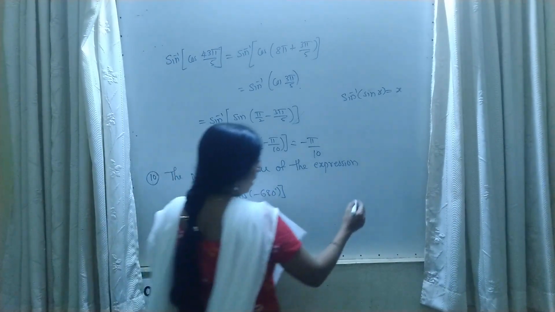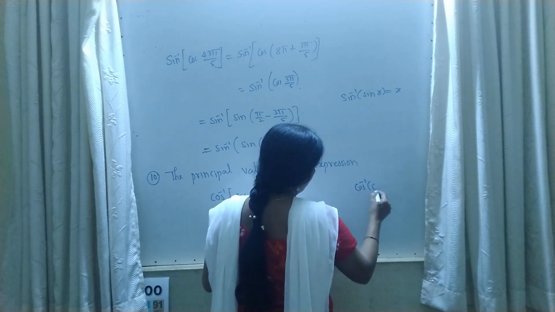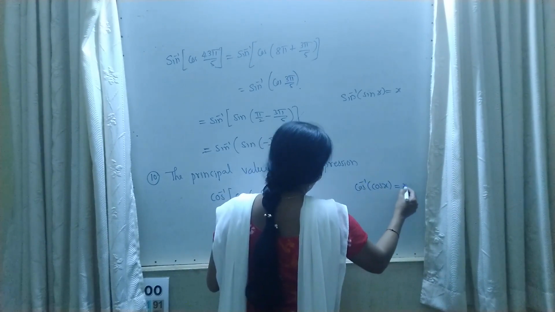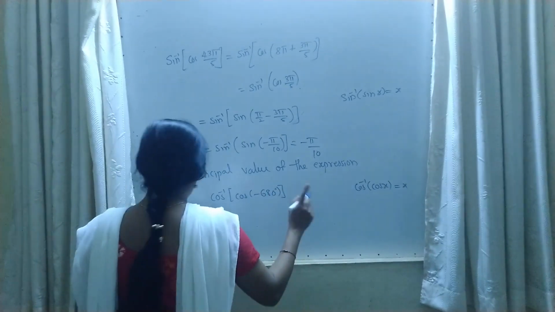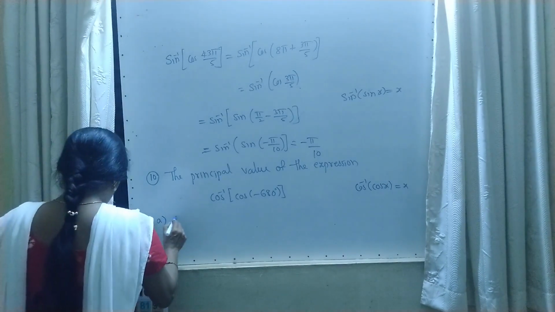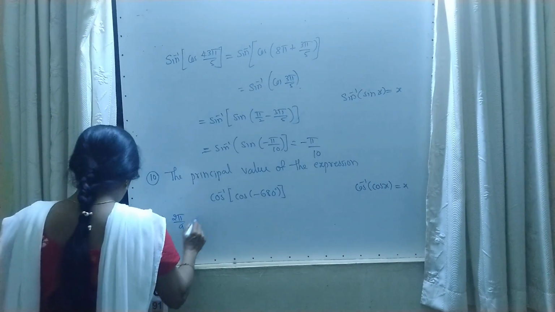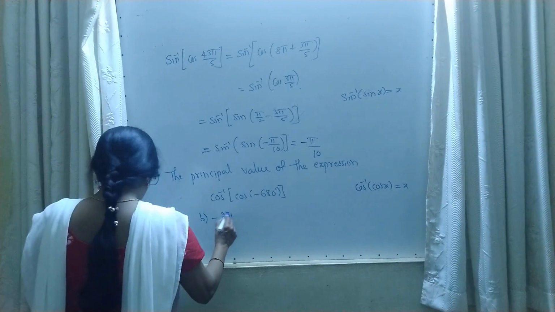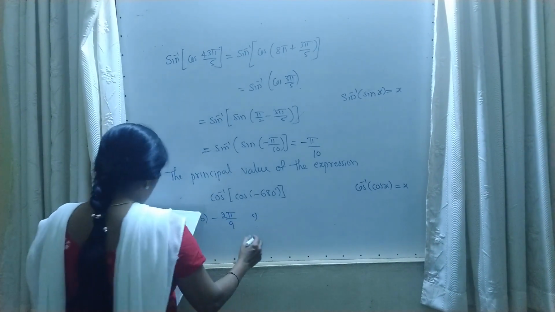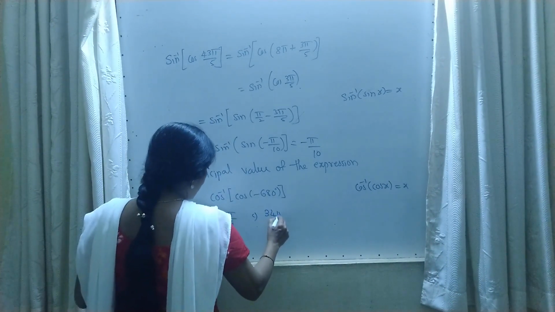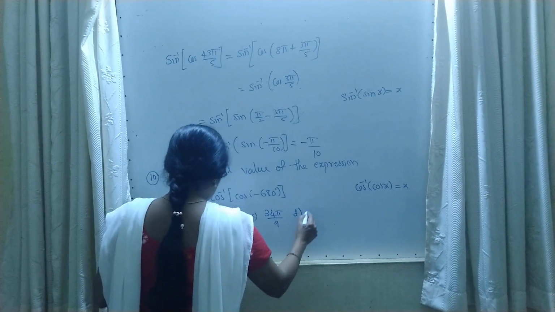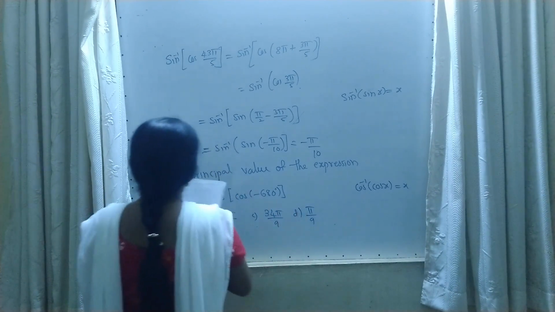Remember student, again we have cos inverse of cos x is equal to x if x is lying between 0 to 180 degree. Options are 2 pi by 9, minus 2 pi by 9, 34 pi by 9, and pi by 9.